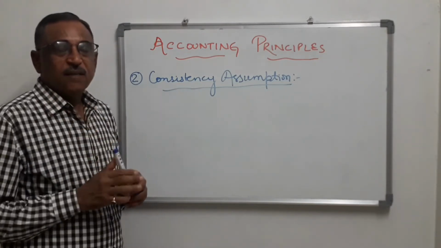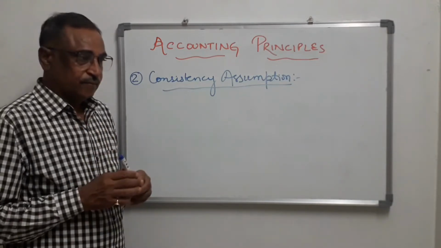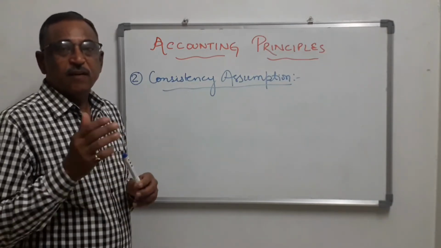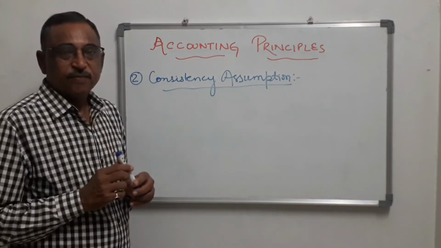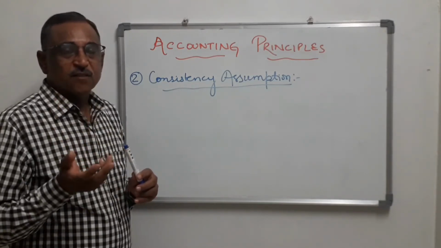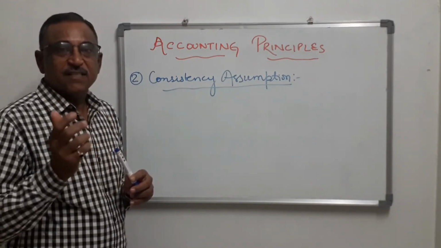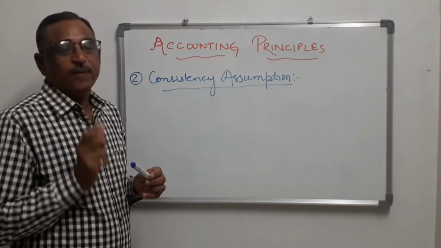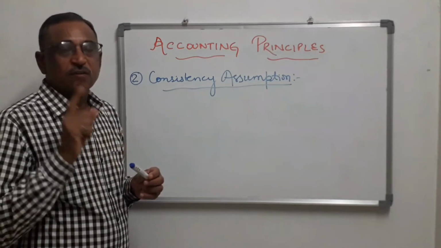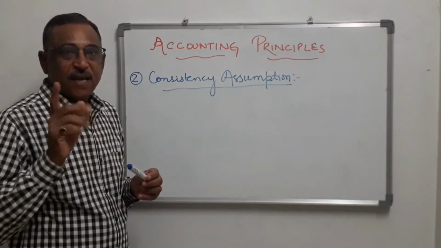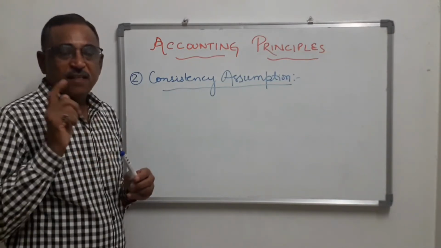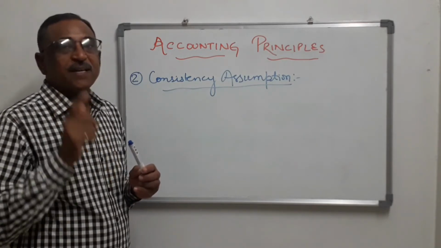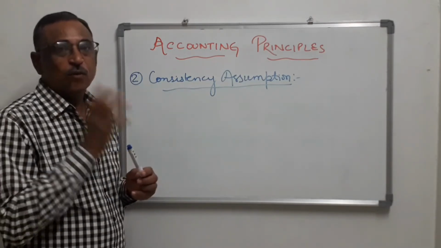For example, there are so many methods of valuation of stock. Similarly, there are many methods of charging depreciation on fixed assets. But once adopted a policy, they should not change it unless and until it is imperative or they are forced by the circumstances to do it.